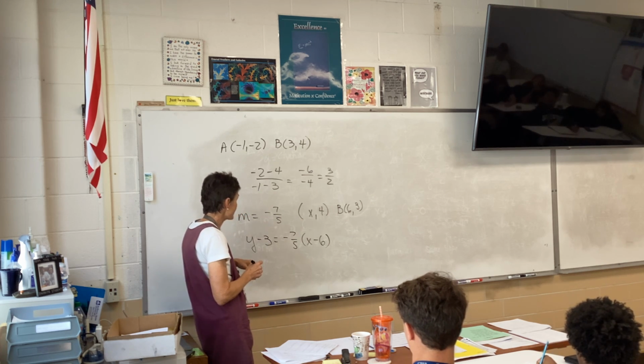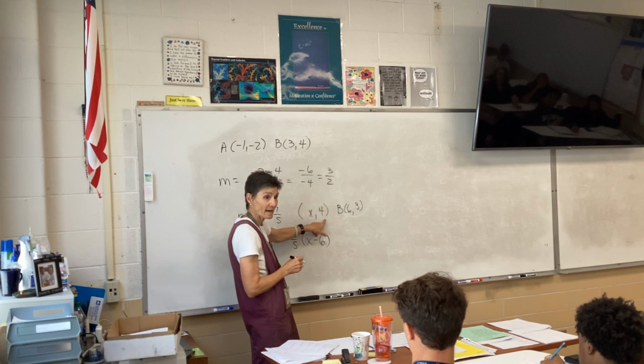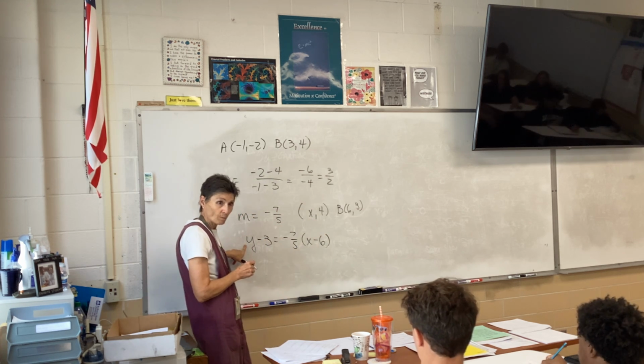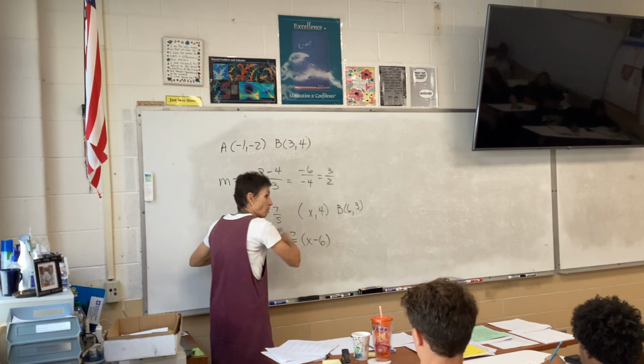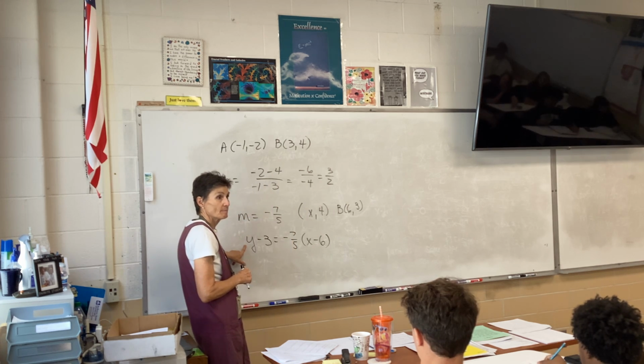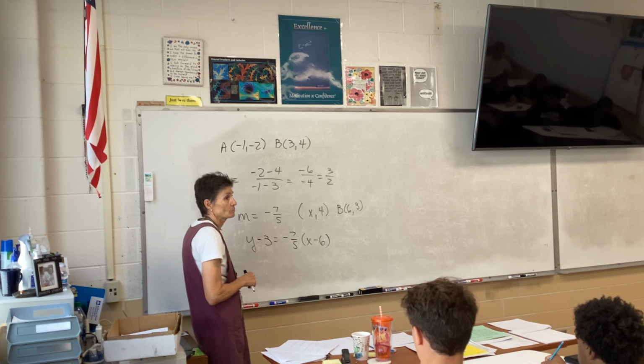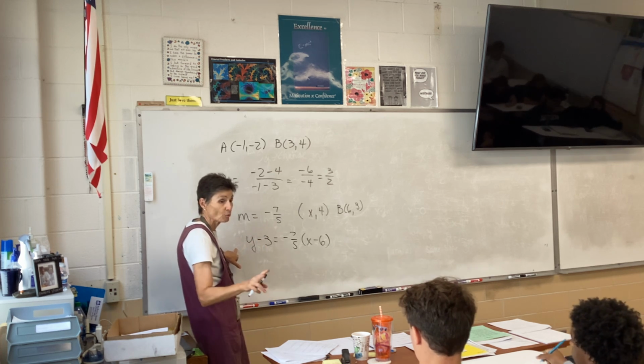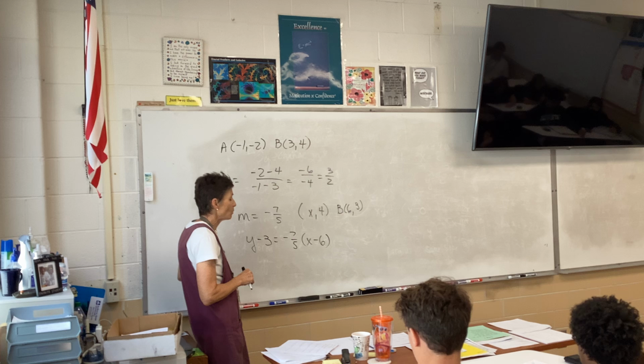And then he says, but I know y has to be 4, so I could put 4 right here and solve it out and get my x. I love it. It's a 2-step problem. Can we do it in 1 step? This will work, 100%. It's fine, it's great, it's awesome. Can we do this in 1 step?